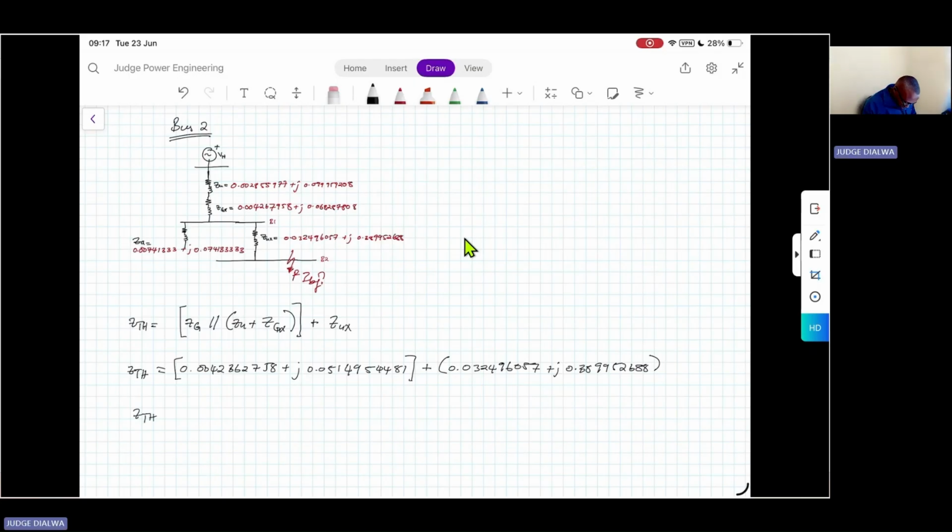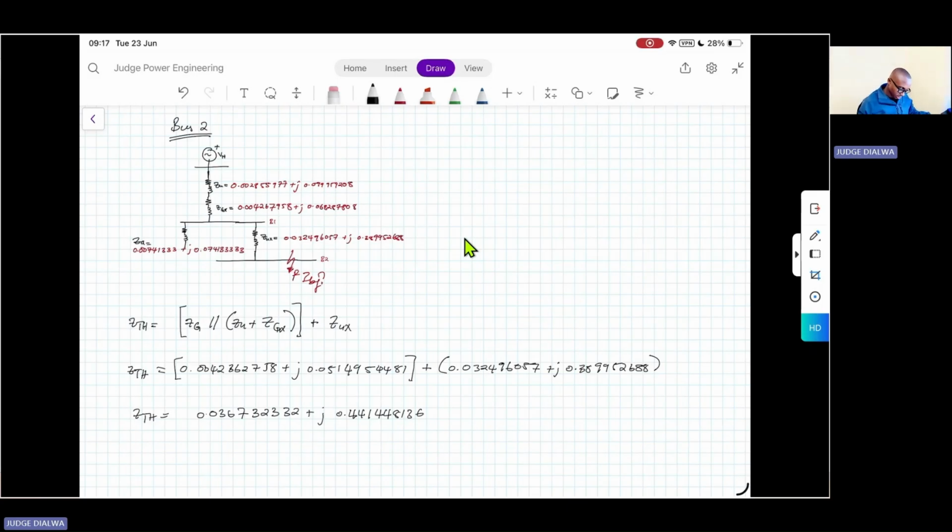Now, when you calculate that, it should give you 0.036732 plus j0.441448136.